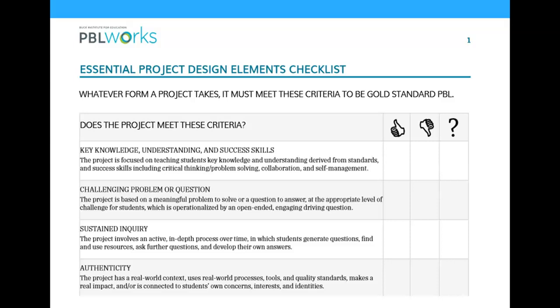All right. Now, every project should have a driving question, sometimes called a challenging problem or a challenging question. But this is a meaningful problem to solve or a question to answer. So with the road project that I talked about earlier, it might be something like, how can we help our school deal with the road problem?